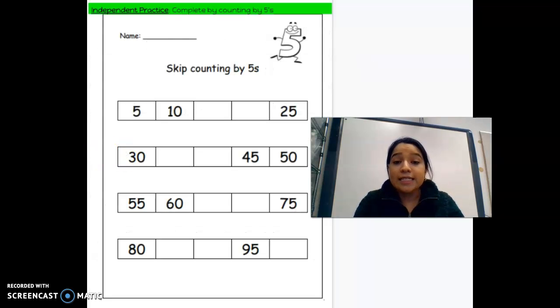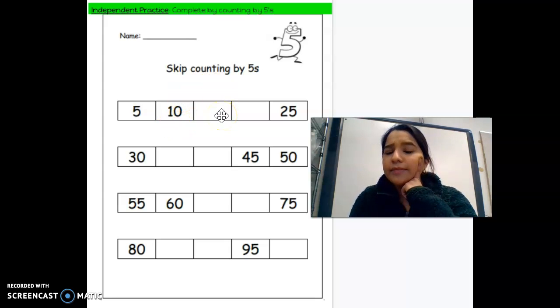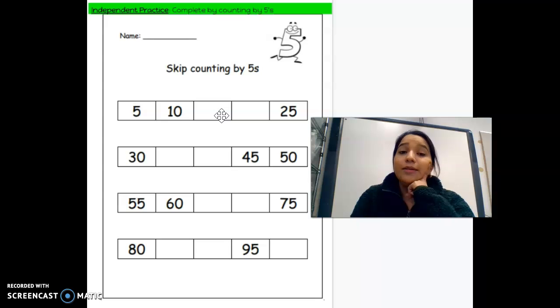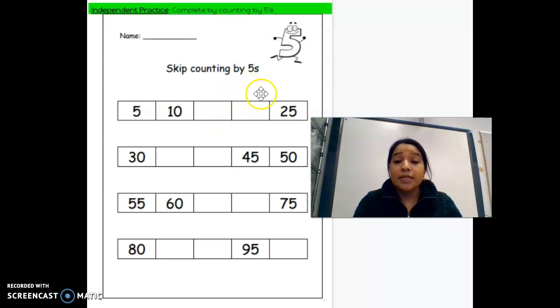Your second assignment for today is you are going to fill in these squares right here. So you are going to skip count by fives. So right here you start with 5, 10, and what comes next? You can use your hundreds chart to help you find the missing numbers.